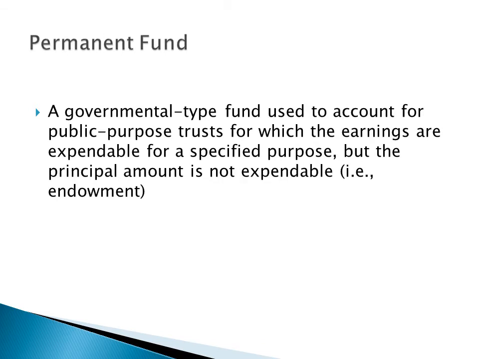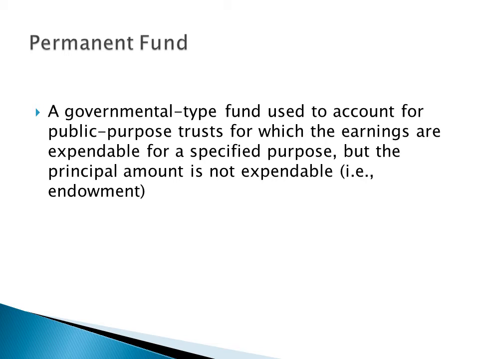A permanent fund is a governmental type fund. This is used to account for public purpose trusts for which the earnings are expendable for a specified purpose, but the principal amount is not. In other words, the principal amount is like an endowment. If you have an amount for which the principal and the earnings from it are both expendable, that's accounted for as a special revenue fund.